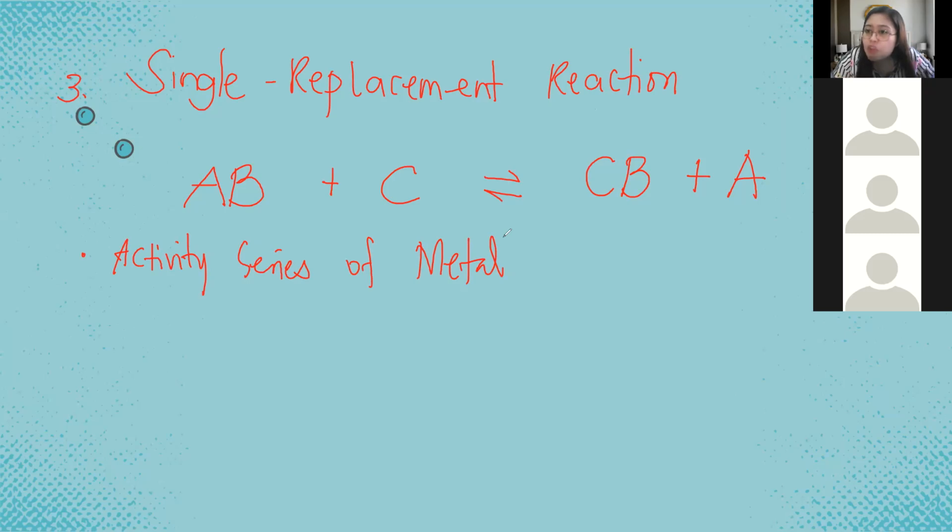I want you to add the activity series of metal class in your index cards. So, mahahanap natin siya sa Google. Let me open a Google here. Open ko browser because I will let you see the activity series of metals.